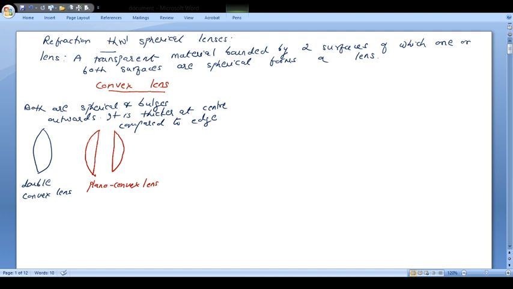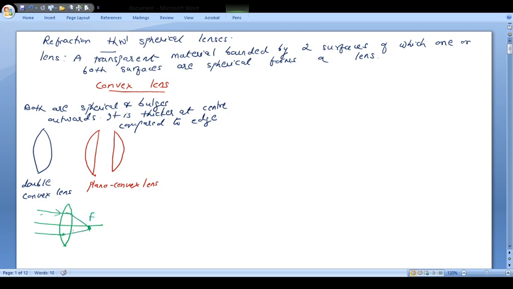Now if a ray passes through the convex lens, let me show you the rays. Say you have a convex lens, and suppose you have the rays falling on it like this. You will find that these converge at some point.